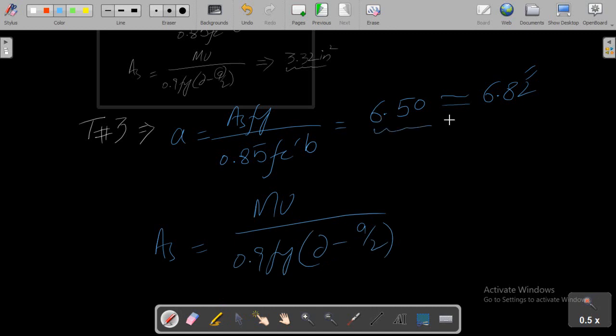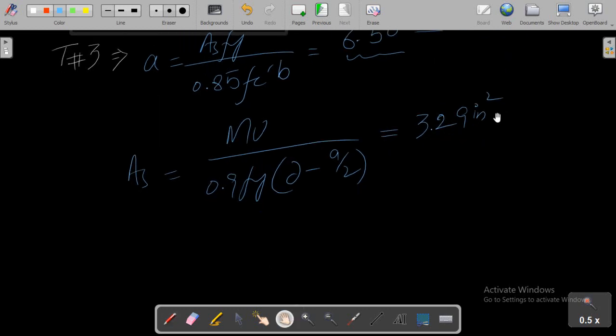This time we get the value of 3.29 square inches, and we can clearly see that this value is close to the previously calculated value 3.32, right?